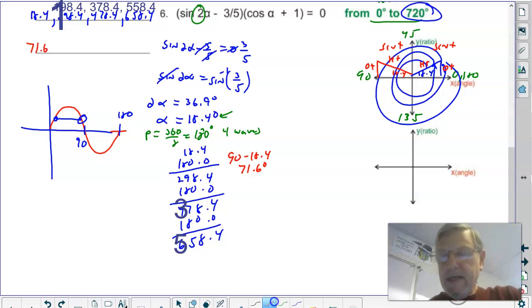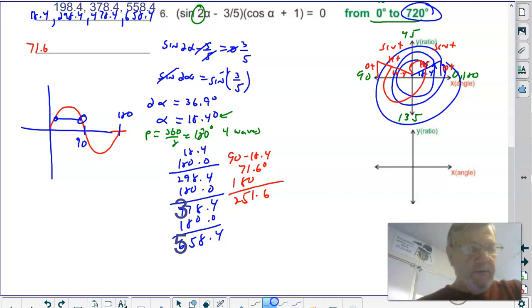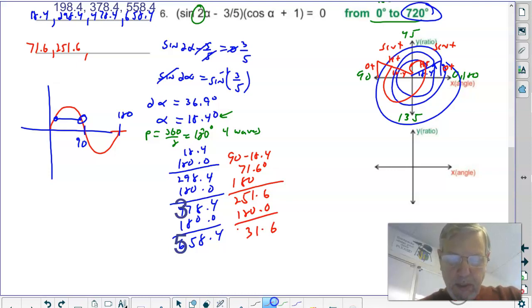But notice I can spin around another 180, so let's add a 180. 251.6. Doing these fast, so hopefully I'm not going to make a math error here. Spin around again, another 180. 431.6.